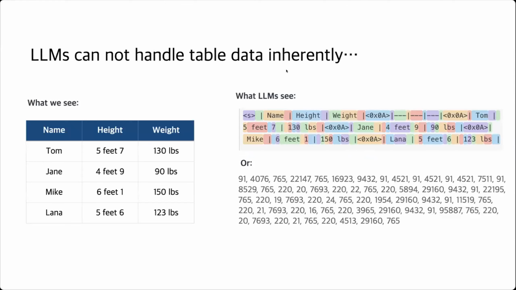Additionally, we know that large language models inherently struggle with handling tabular data due to the necessity of linearizing the inputs. The image on the left presents the tables as we see them, where we can clearly locate and understand the information in the table, no matter horizontally or vertically.